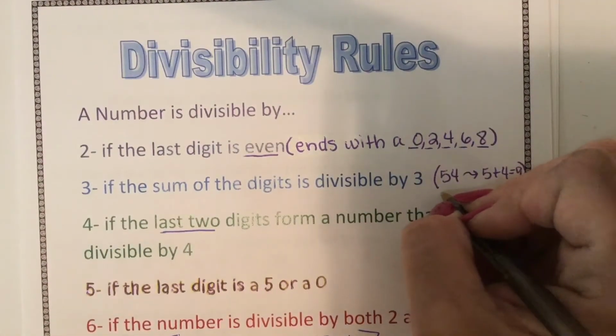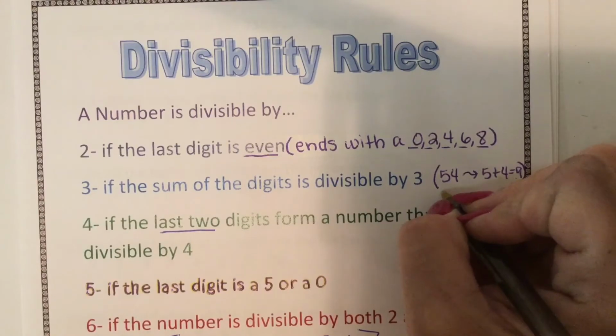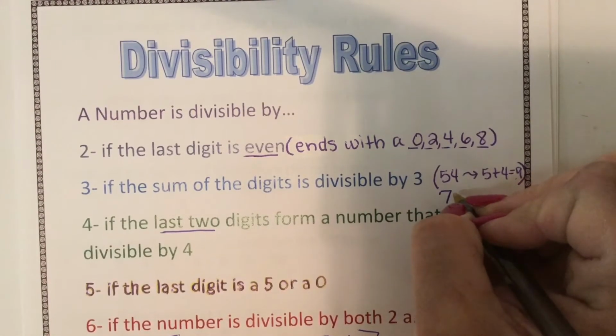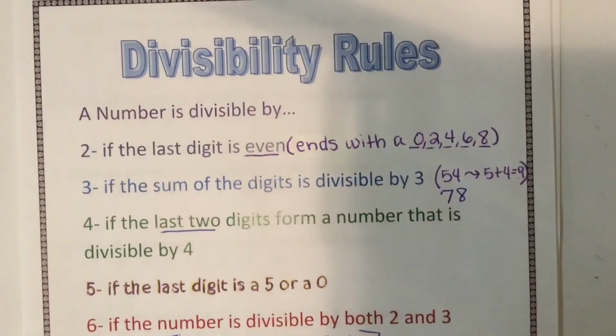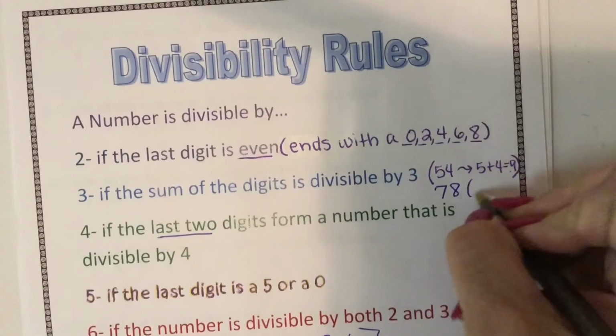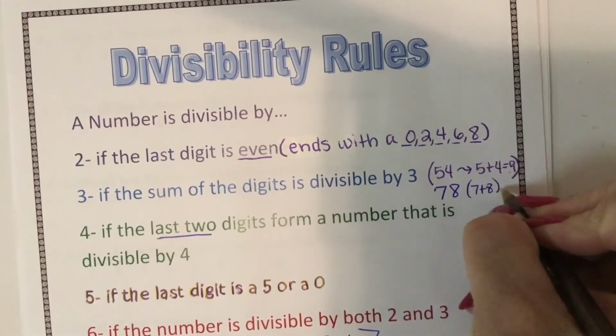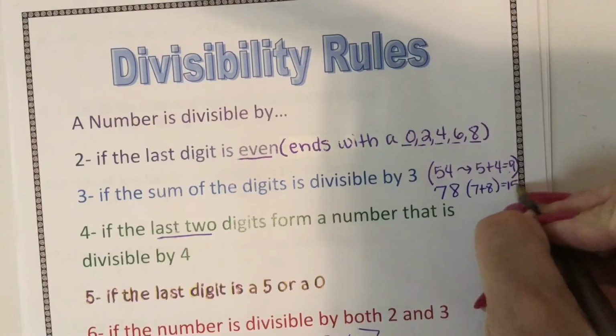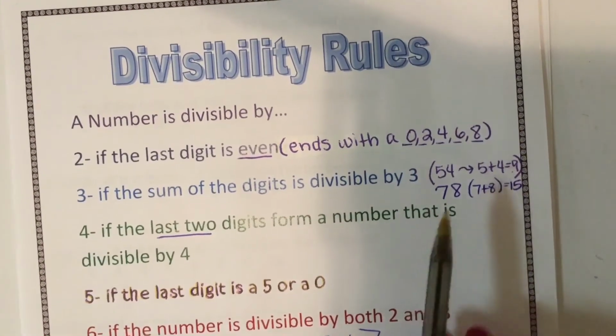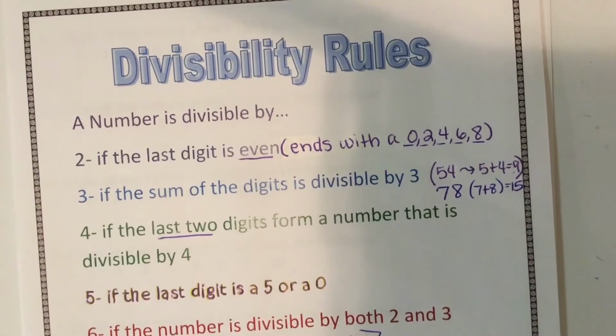What if we had 78? 7 plus 8 equals 15. 3 goes into 15 evenly, so 78 is divisible by 3.